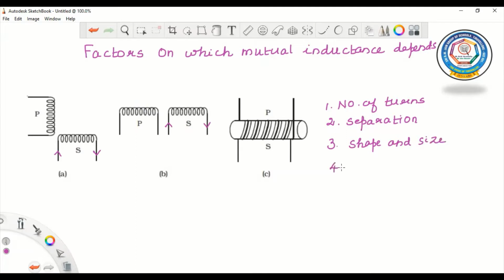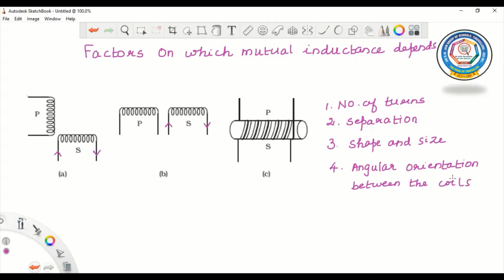Then the fourth factor, which is very important, is the angular orientation between the two coils.